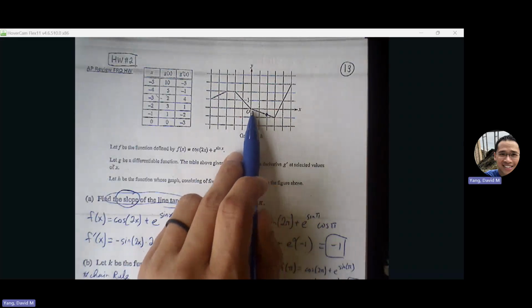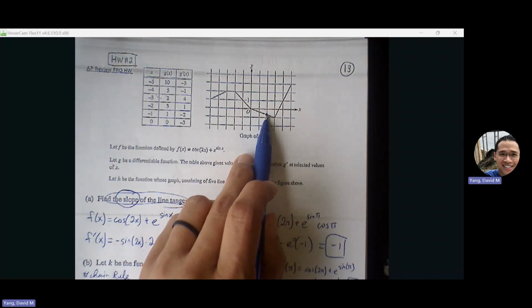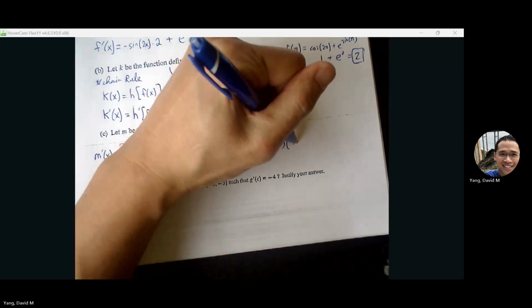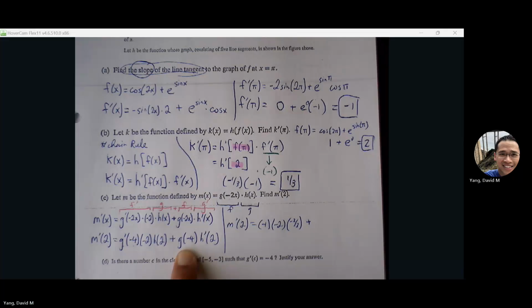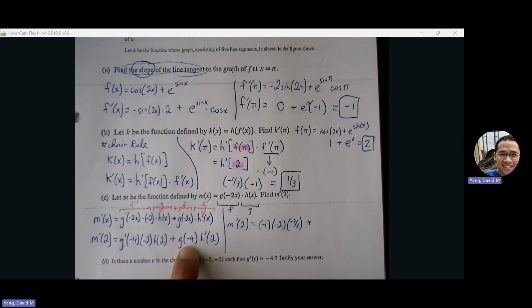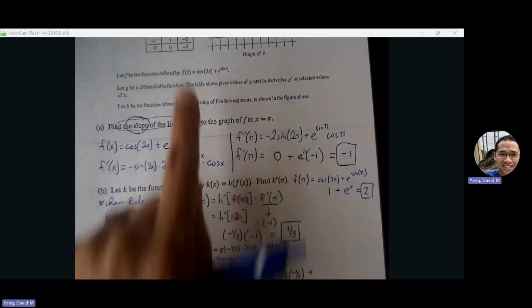So the slope is negative 1/3, so it's negative 1/3, negative 2/3, negative 1. So negative 2/3. g of negative 4. What do you get? 5. That's from the table.